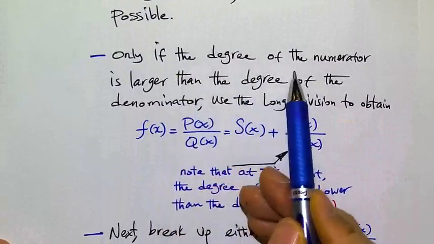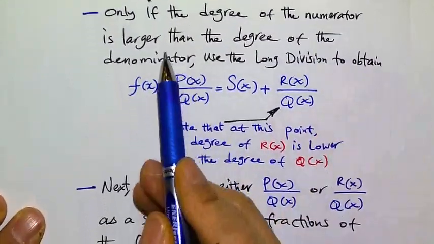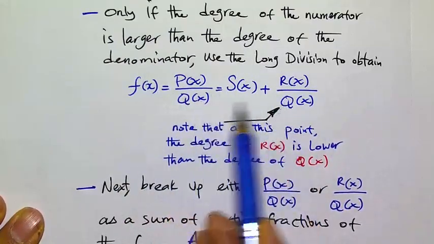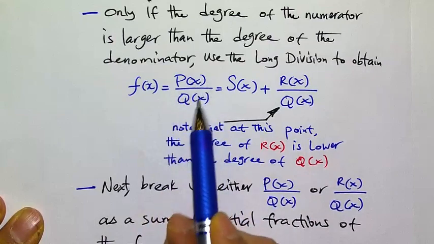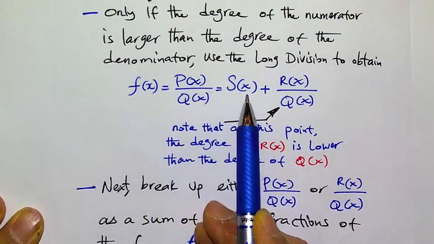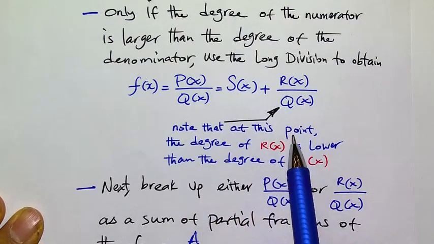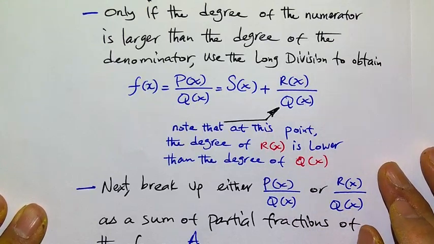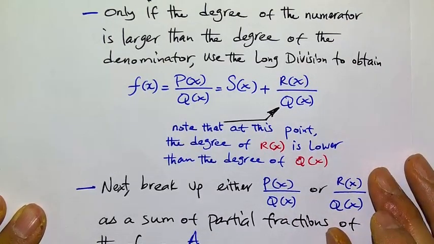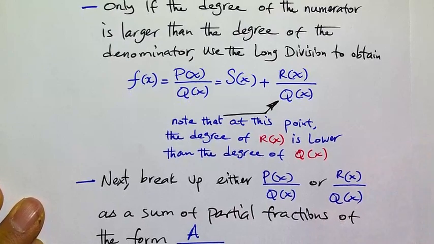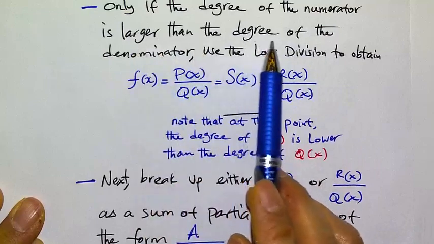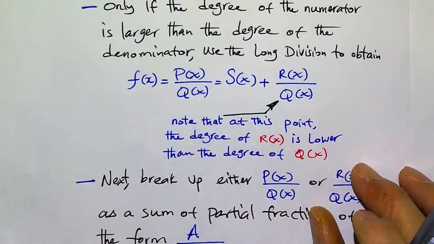Then only if the degree of the numerator is larger than the degree of the denominator, use long division to convert what we have to s of x plus r of x over q of x. Sometimes you encounter this. Not often, but it's there, especially when you get to calculus 2. Now and then you get rational functions such that the degree of the numerator is larger than the degree of the denominator. So you have to use long division in such cases.